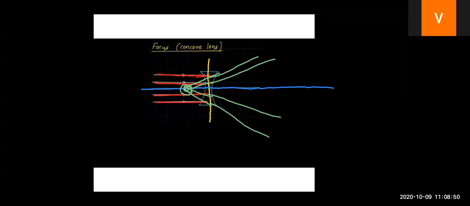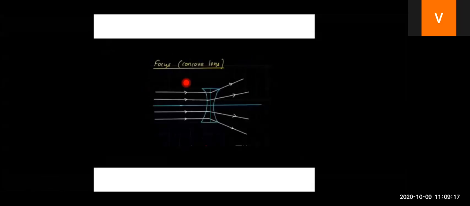They appear to meet. So the principal focus for a concave lens is also a point on the principal axis where all the incident rays which are parallel to the principal axis appear to meet after refraction.